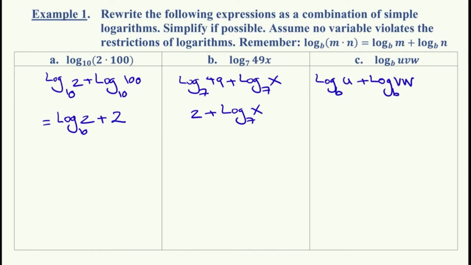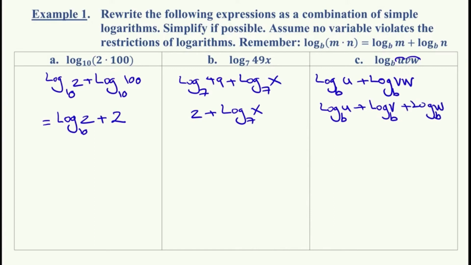So we split it up kind of like this right now, and now we notice we can apply the rule again to this log of a product. So we end up with log base b of u plus log base b of v plus log base b of w.